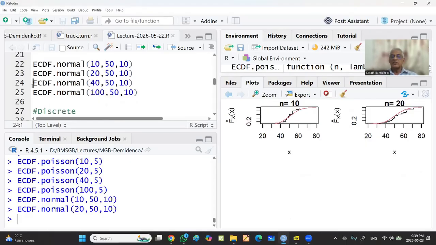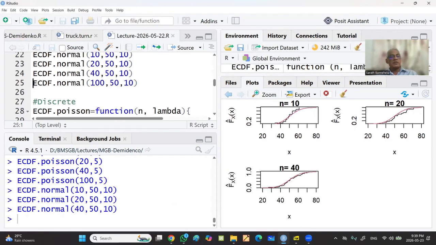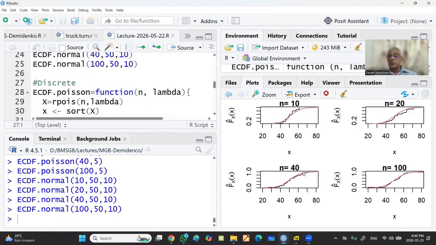In this case, you can see that the vertical error has now become a little less, still not that small, but less. If you increase the sample size to 40, now you can see the empirical cumulative distribution function is very close to the theoretical CDF. If you increase n to 100, it is even closer.